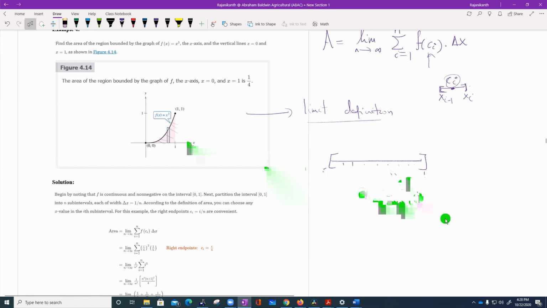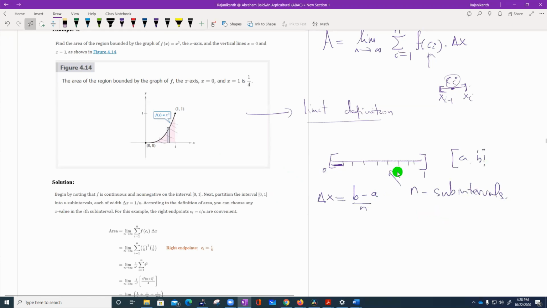So you need to divide into n subintervals here. So how do you find the length of each interval? Simply, that is denoted by delta x, and the formula says b minus a over n. So what are a and b here? A and b are simply the endpoints of the given closed interval, right? So in this case, a is 0 and b is 1.